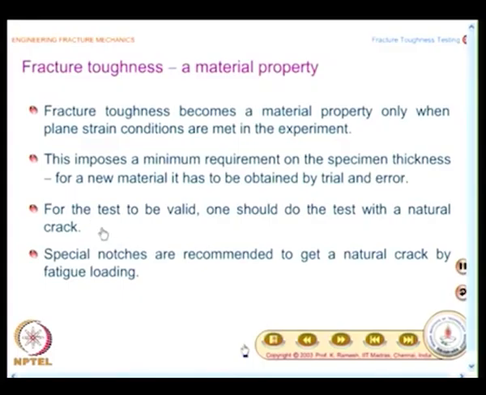And another requirement is, for the test to be valid, one should do the test with a natural crack. See, it is very highly demanding. When you have a specimen and you want to have a natural crack at a particular location in a particular way, it is not a simple task.